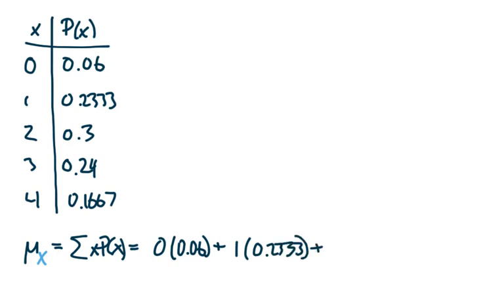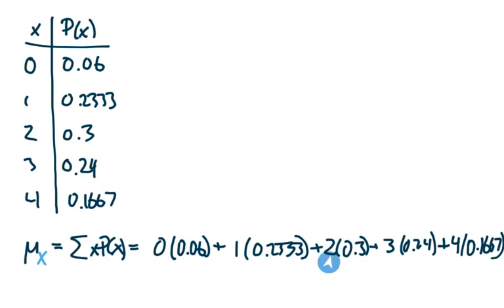And you keep doing this. I'm going to run out of room real fast because this takes a long time to write. This is x times p of x, x times p of x, x times p of x, x times p of x, x times p of x, and then we add them all up. That's what capital sigma stands for, right?